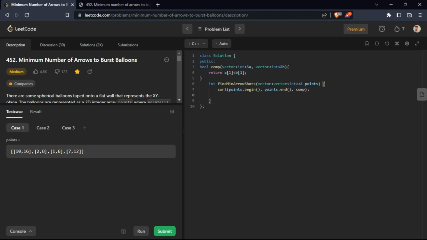Now I have two variables: the number of arrows shot, and the point at which I shot the last arrow.